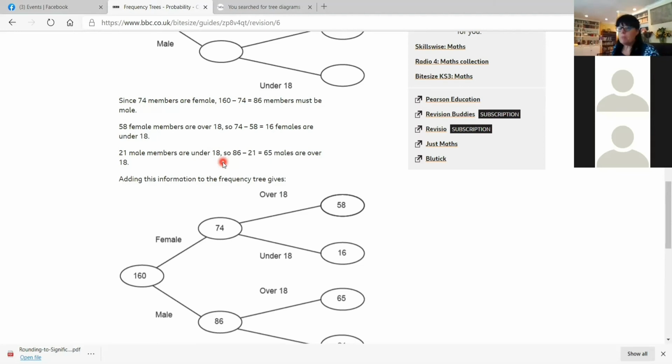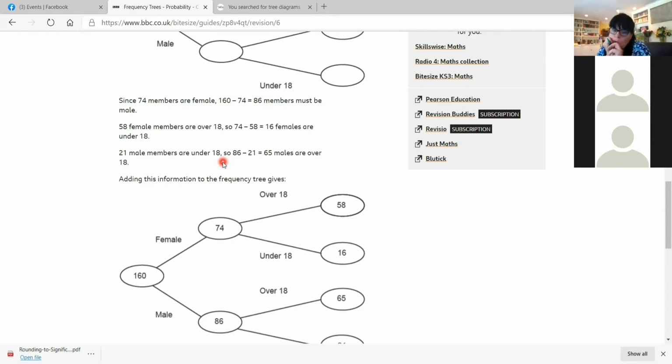Now, if I say to you, what is the probability that the runner is over 18? Then you're going to say, what is the probability that it's a female that's over 18, and you'll do that. But if it's a person that's over 18, it could also be a male that's over 18.